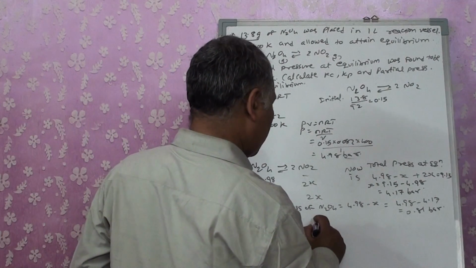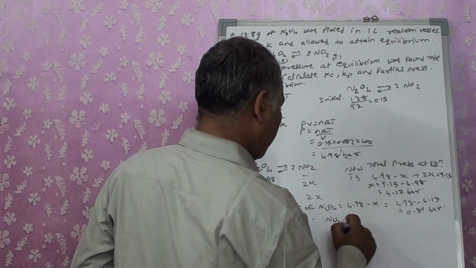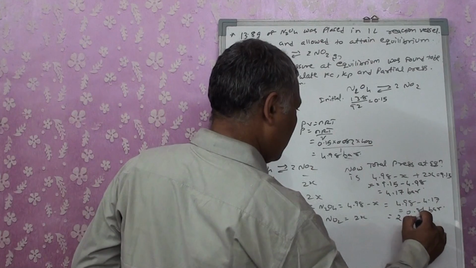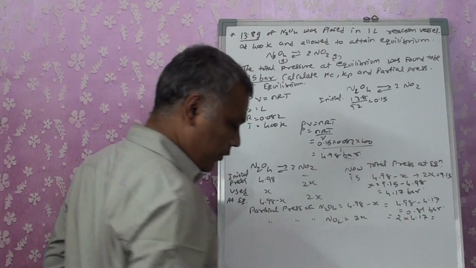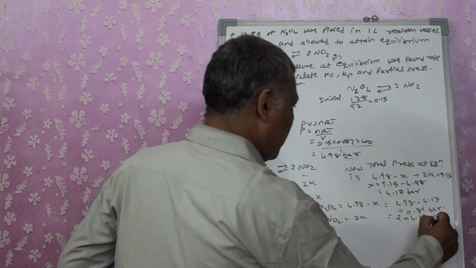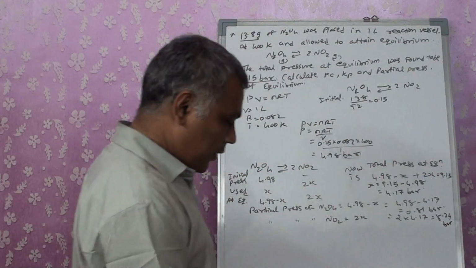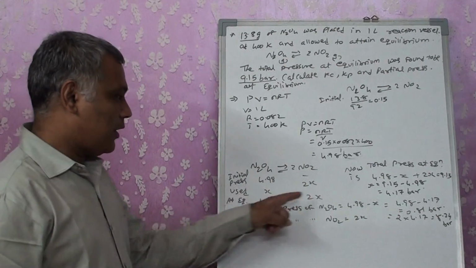In the same way, the partial pressure of NO2 will be 2x, 2 into 4.17, which gives 8.34 bar. Those are the partial pressures that we got.